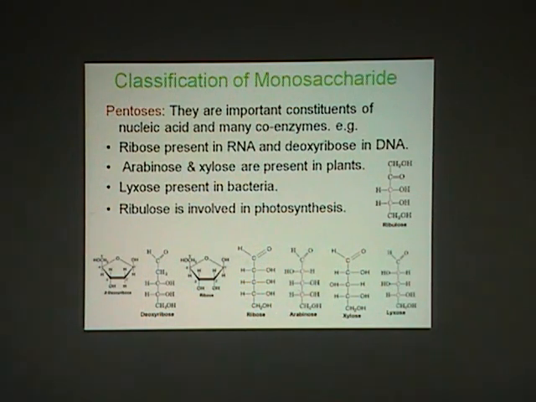If it changes, then it will be L. So if you put ribose here and you change again the same thing, this is your D-ribose and this is your D-arabinose.